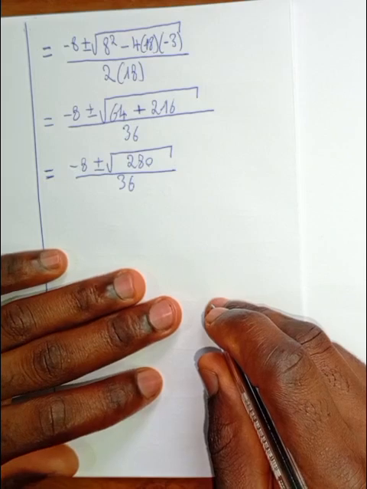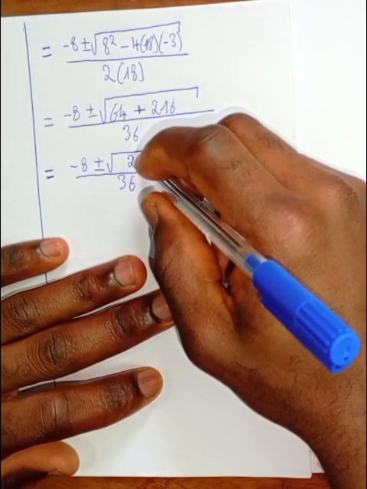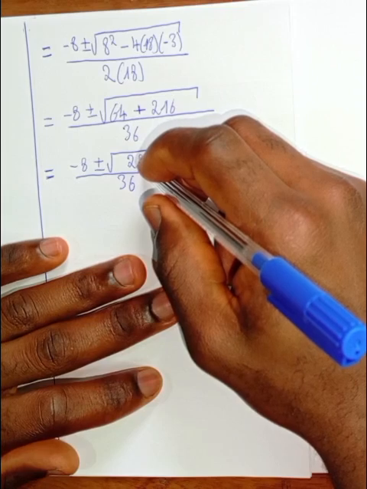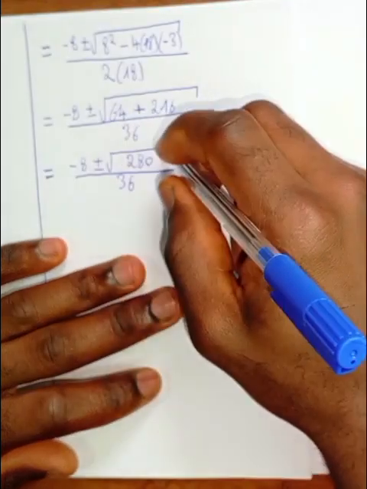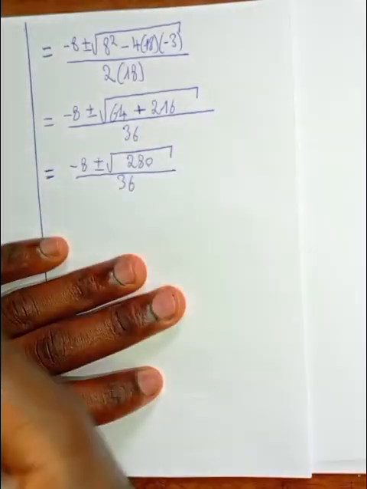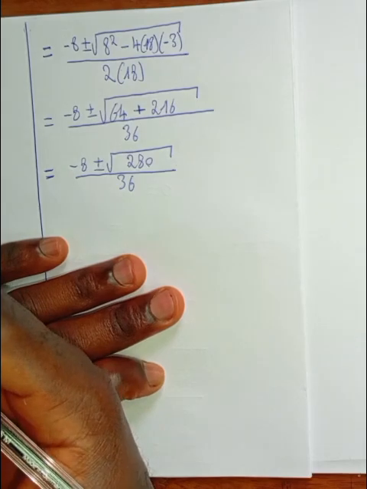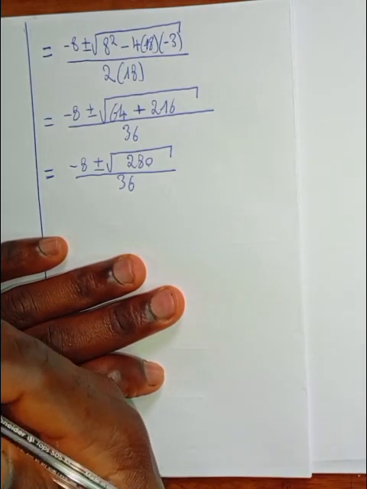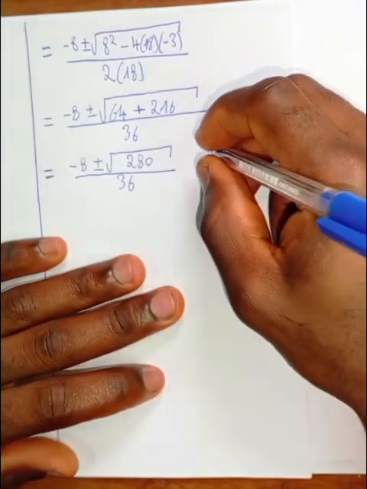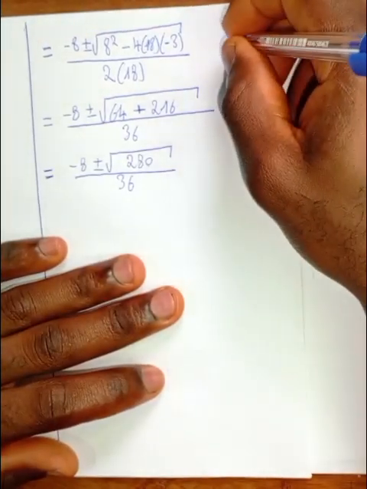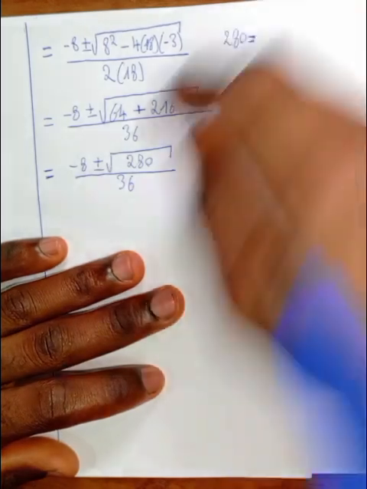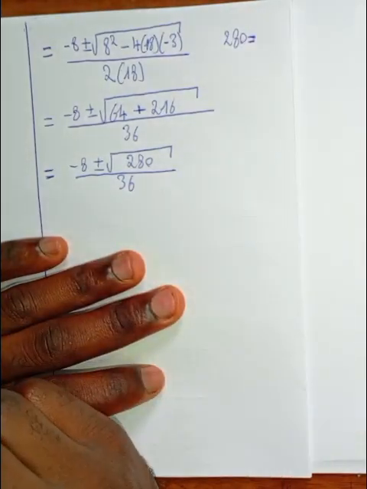Next step, the number 280 is not a square number. So if we take the square root of 280, we are not going to obtain a whole number. Most often it is good if we leave the result in surd form. We know 280 can be expressed as a product of two numbers in which one of the numbers is a square number.